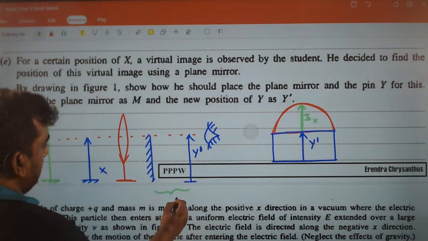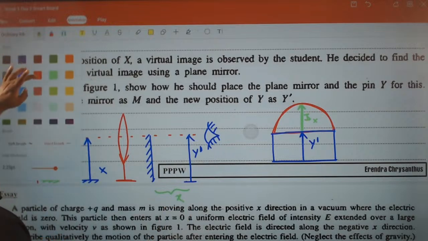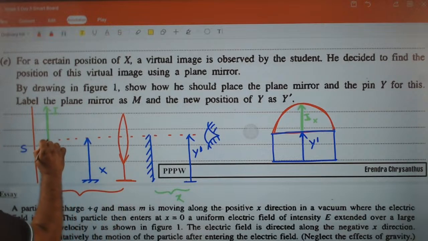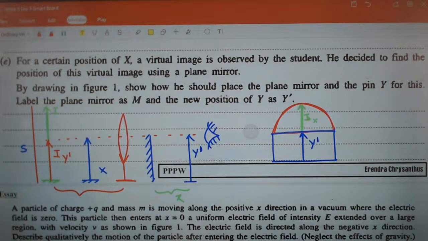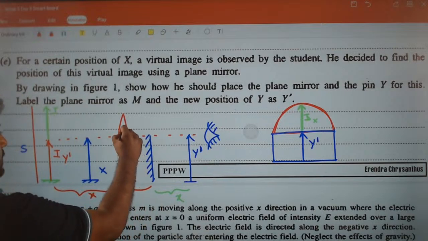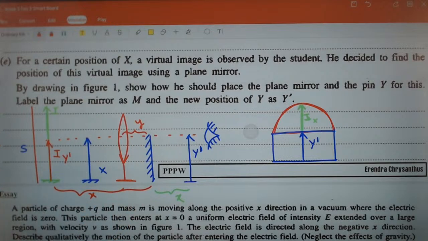This distance, let me take it as X. Images will coincide. Again somewhere here it will coincide. Image of y dash. This and that coinciding means this gap I'll take it as y.